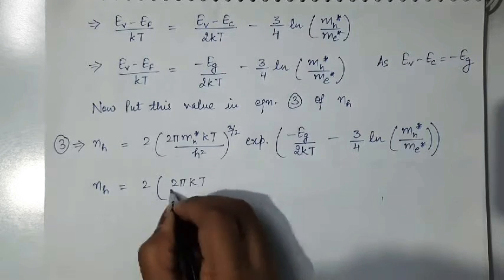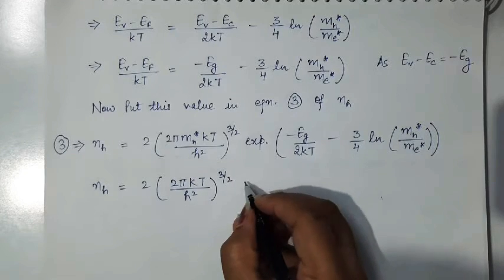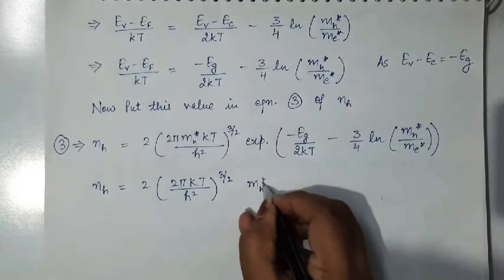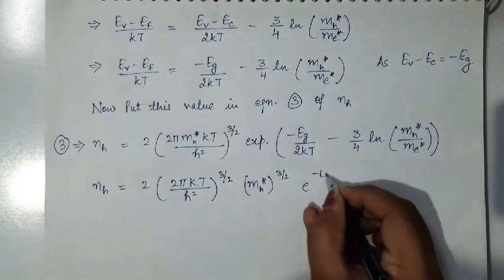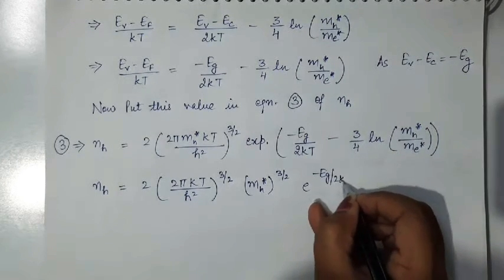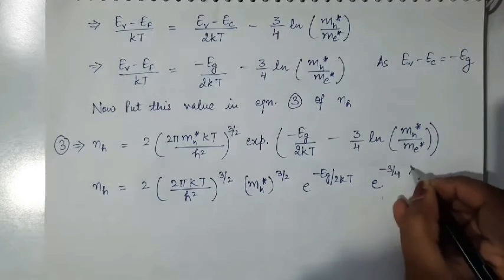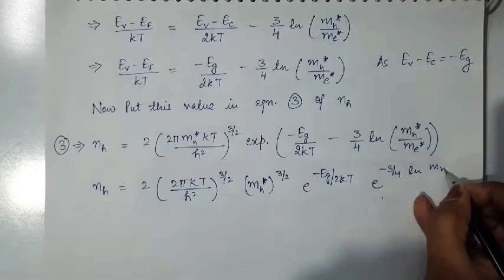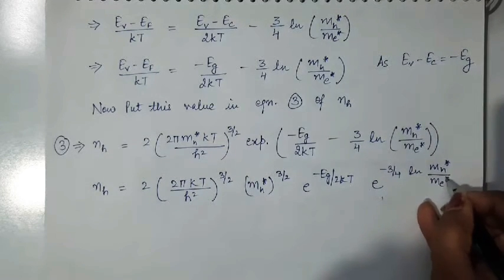two pi kT upon h square raised to power 3 by 2, mh star raised to power 3 by 2, e raised to power minus Eg by 2 kT, e raised to power minus 3 by 4 natural log mh star upon me star.